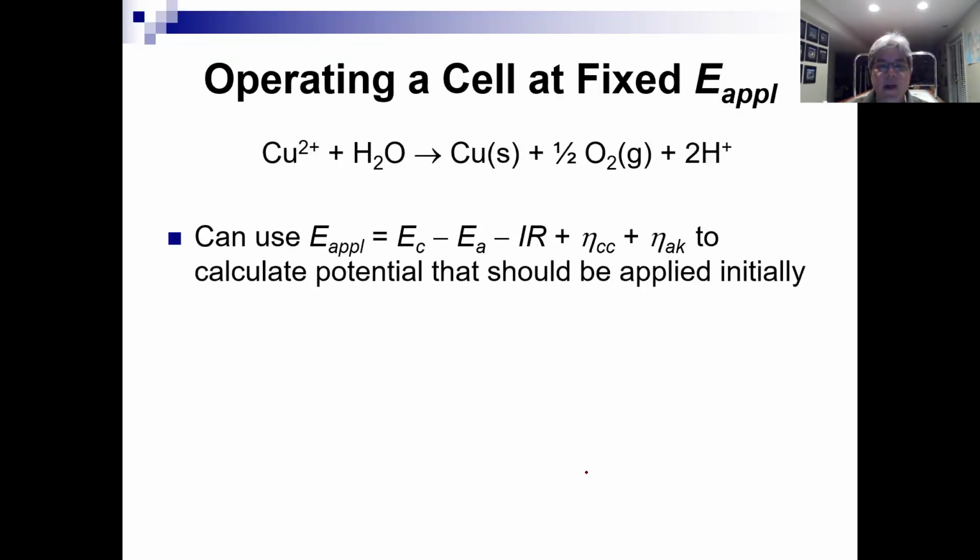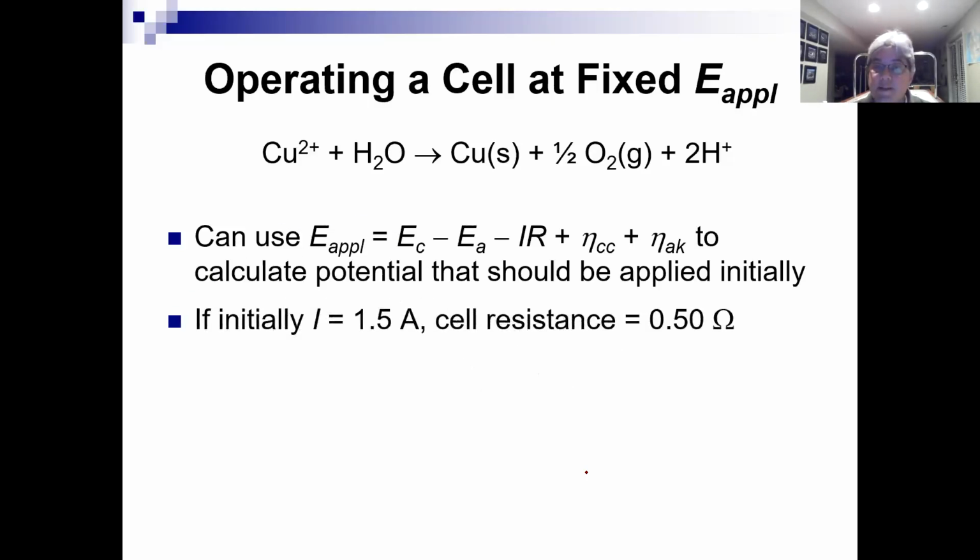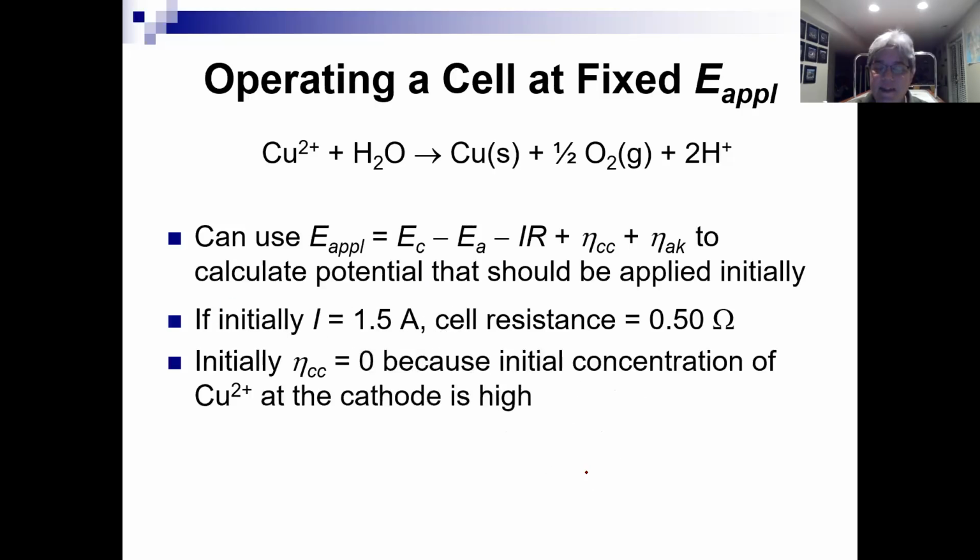All right, so now we actually want to get some numbers for these. Initially, you can measure the current and the resistance of the reaction. Those are 1.5 and 0.5 ohms. In the very beginning, there is copper at the electrode. We haven't started yet, so in the beginning the cathode concentration overpotential term is 0, because there's copper at the electrode surface.